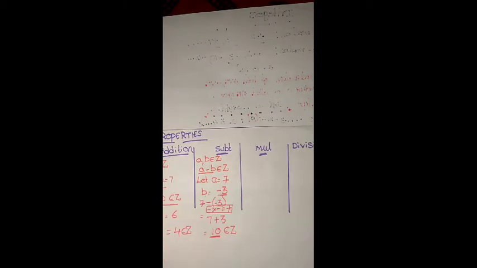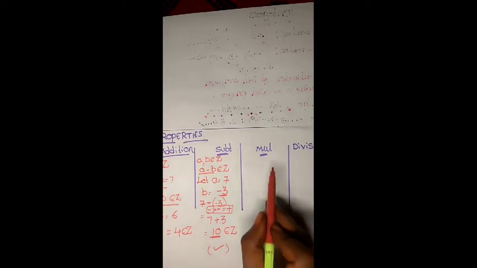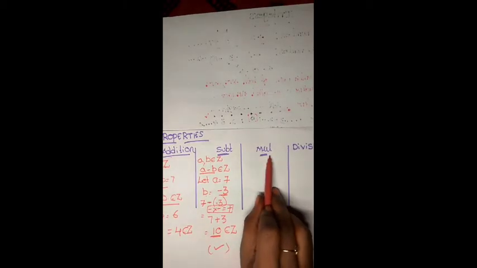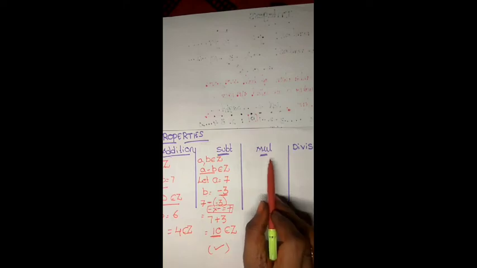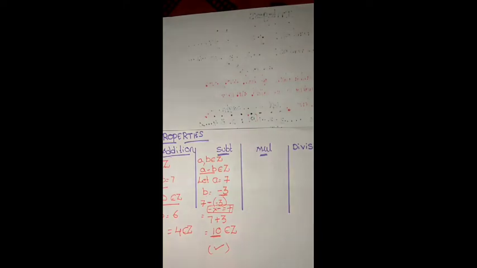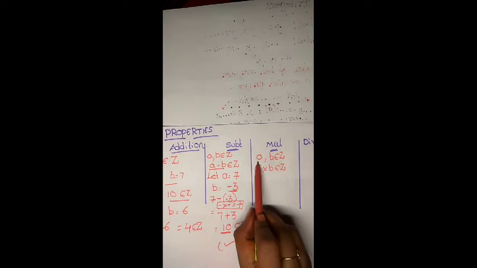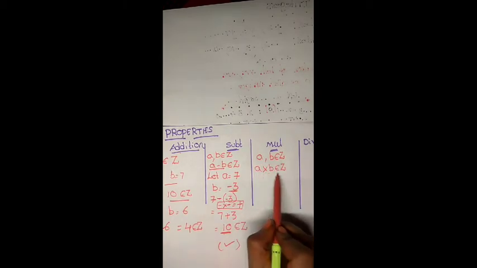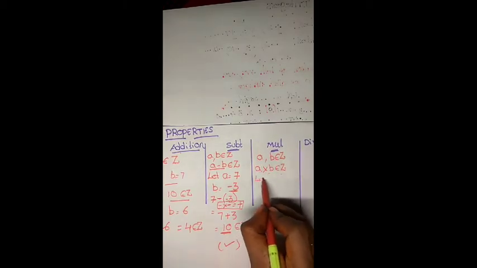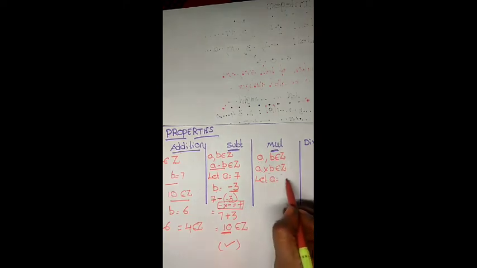So closure property of subtraction is satisfied. Now let us see the closure property of integers under multiplication. Here also the same, instead of subtraction symbol we have to use multiplication symbol. That is a, b belongs to Z, a cross b also belongs to Z. Z is nothing but integers.